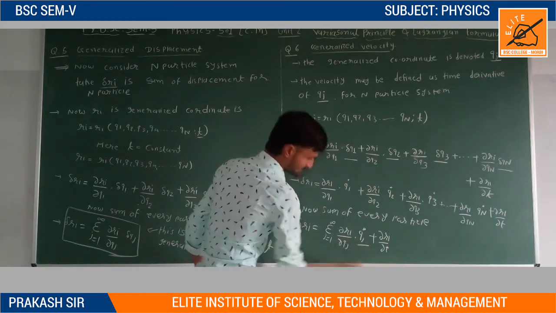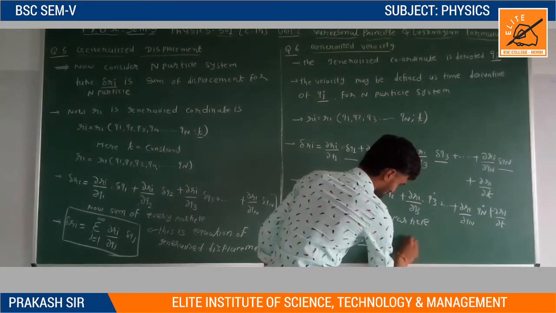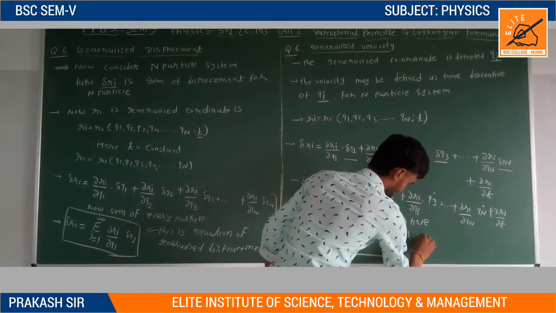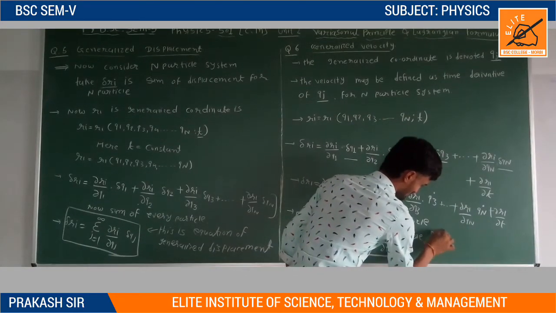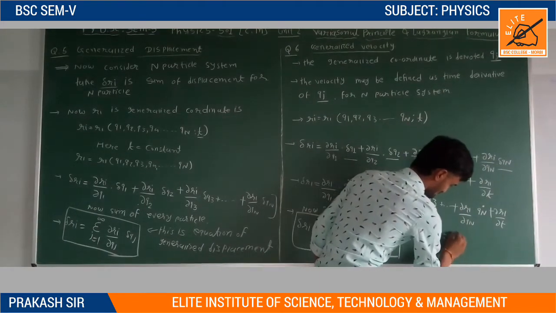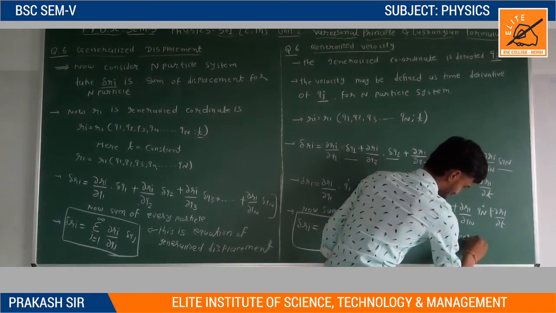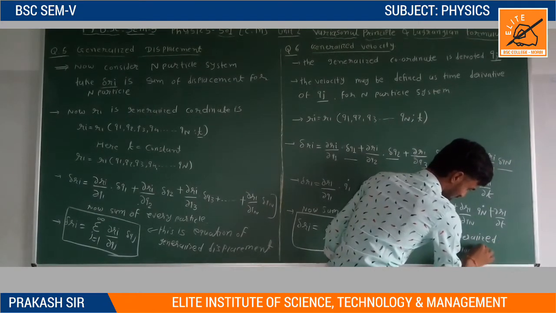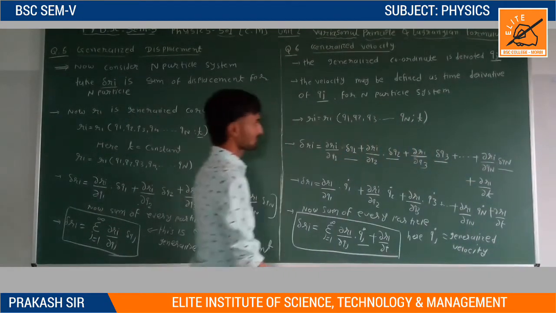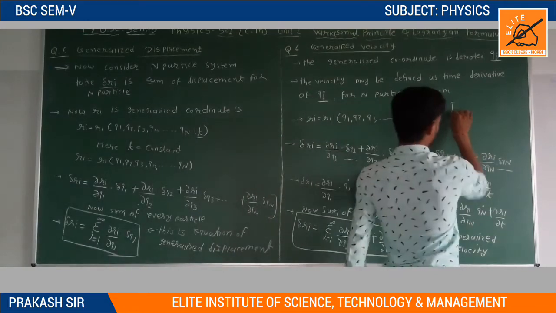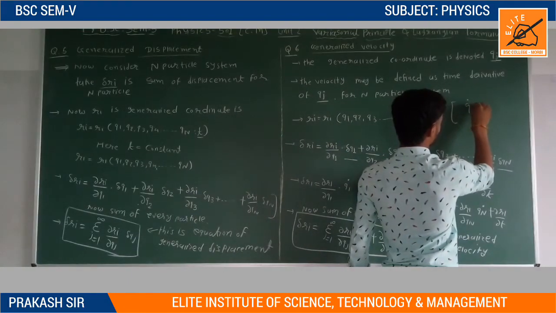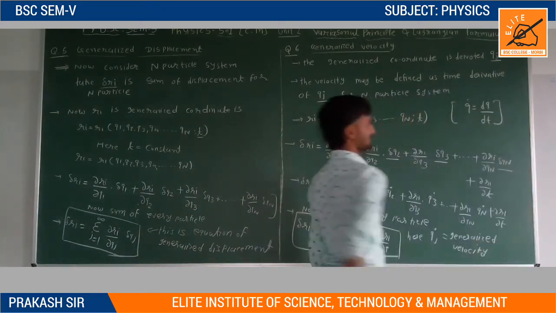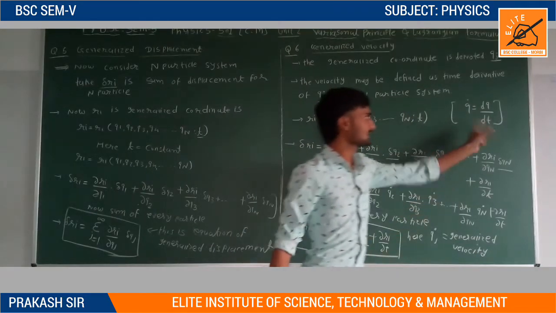Here qj dot is the generalized velocity. This is the equation, q dot is equal to dq upon dt. Q dot means derivative with time. Okay?